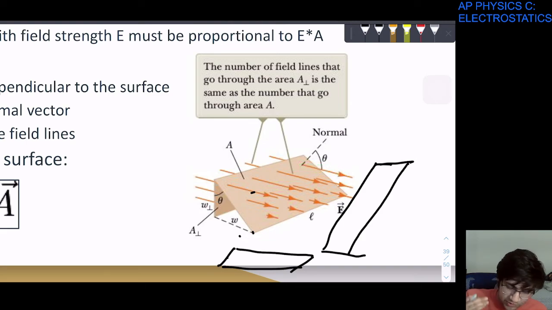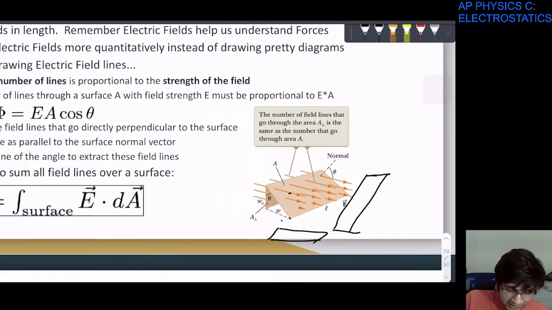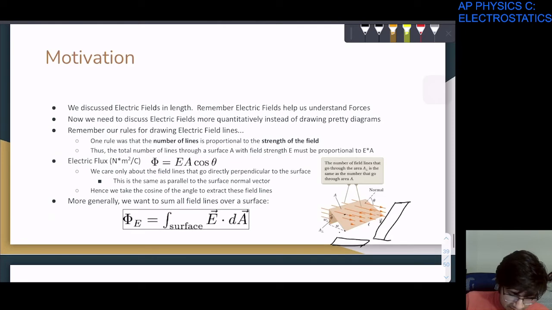So just remember, normal to the surface and electric field lines. And this is theta, and your flux, capital theta, our electric flux, is going to be a surface integral, so we're summing up over the entire surface your electric field at each point in the surface times that small section of the surface.